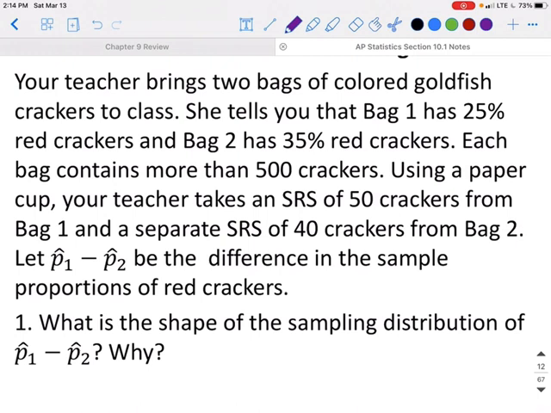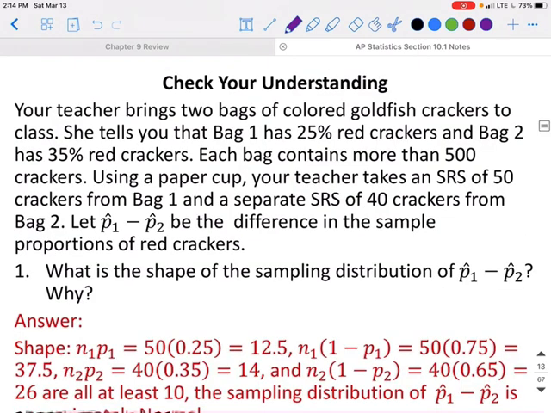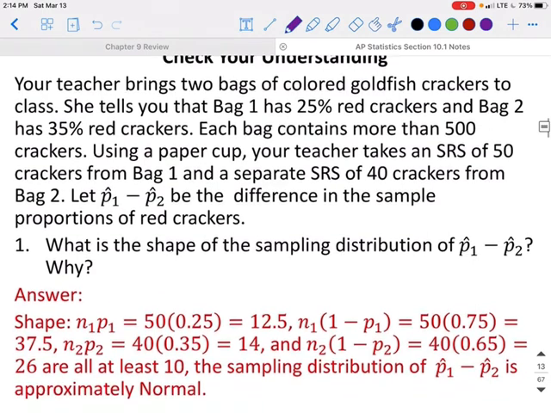Remember to check the shape. You're going to make sure that each distribution is approximately normal, and if both of them are approximately normal, we can say that the difference would also be approximately normal. So you are going to check that the number of successes and the number of failures, or n times p and n times 1 minus p, for both groups would be at least 10.